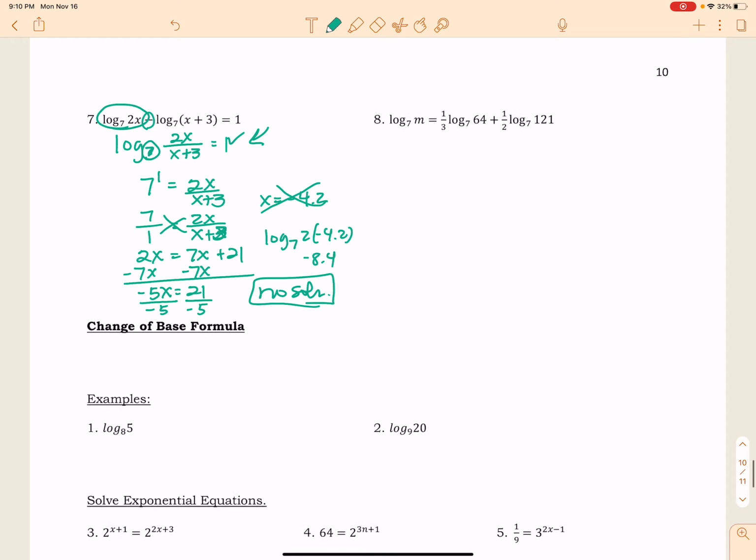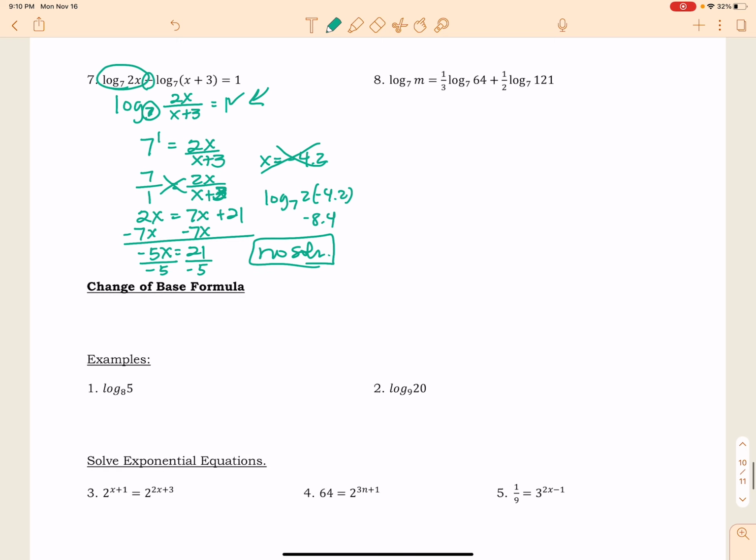Okay, the next one. I'm going to use my power property here because I've got 1/3 and 1/2 in front. So I've got log base 7 of m equals log base 7 of 64 to the 1/3 plus log base 7 of 121 to the 1/2. Now I'm going to use my product property.